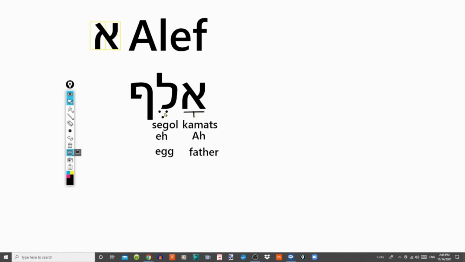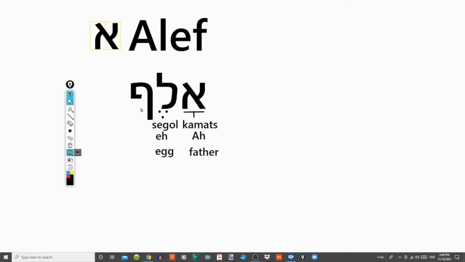Ah, and then the Lamed has a Segol, and a Segol represents the sound as in egg. So Segol would be the sound. So le, and then f, you have the f sound.